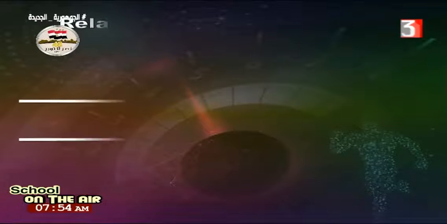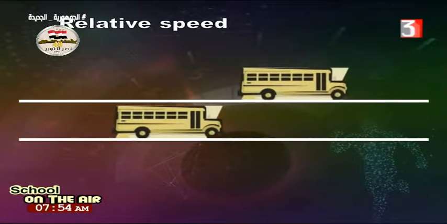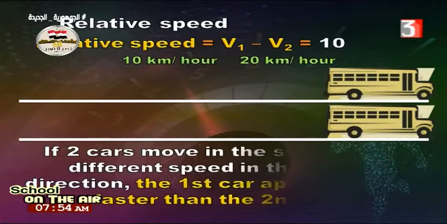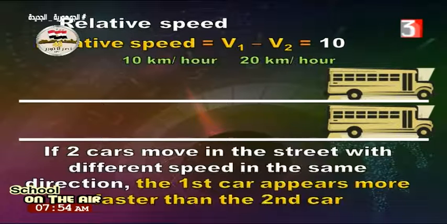Let's see another case of relative speed. When two objects or two cars move in the street with different speed in the same direction, the first car appears faster than the second car. Again the relative speed equals V1 minus V2.